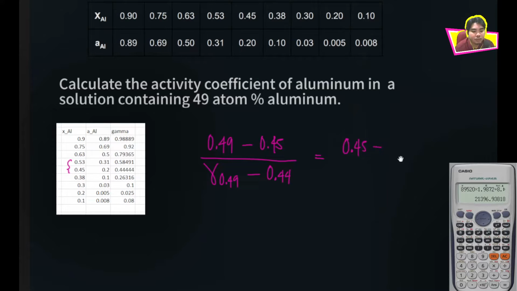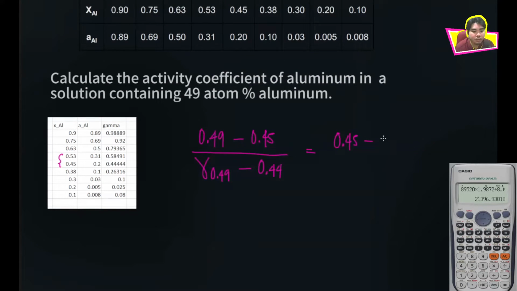Tama, 0.53 para wala tayong negative. 0.45 divided by the gamma of 0.53 is 0.58 minus 0.44. So that's just a simple way to do linear interpolation, class, no?